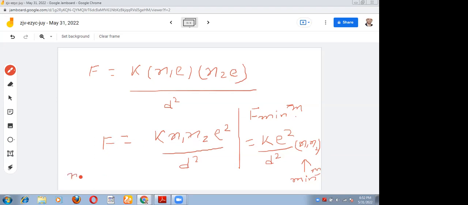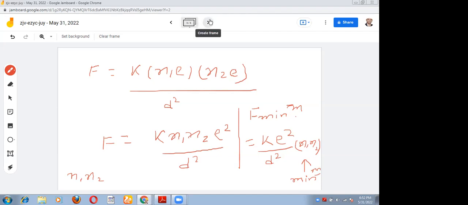What can be the minimum value of N1 and N2 apart from 0? We are not taking 0, because if N1 and N2 is 0, obviously the product will become 0. So the charge will disappear, and there is no question of force. So we will not take 0.